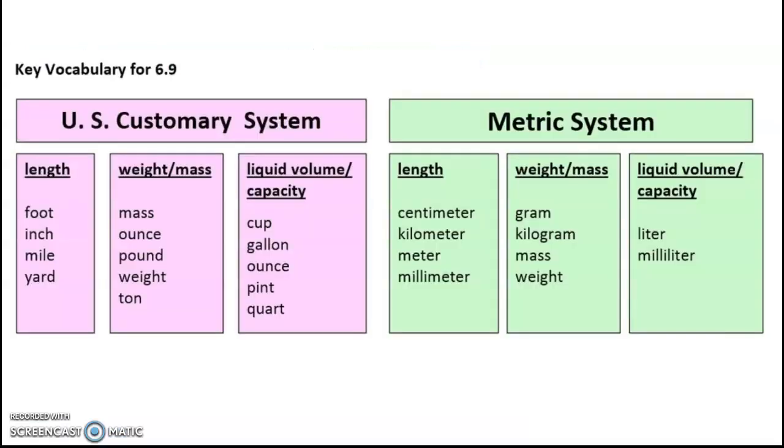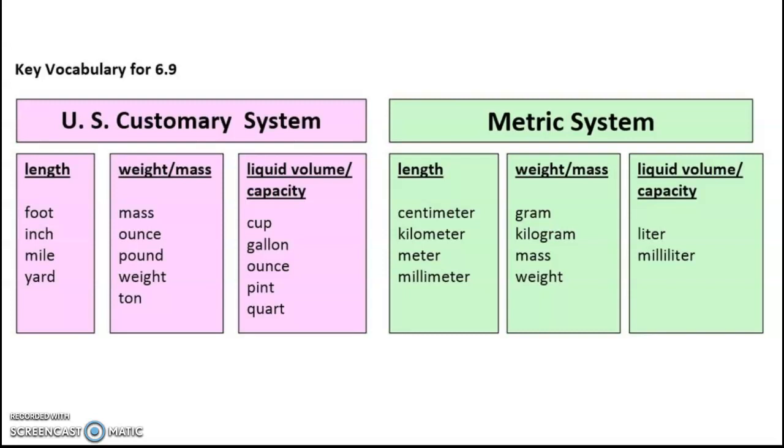The unit measurement system is broken into two systems, the U.S. customary system and the metric system. For example, for the U.S. customary system, the length units are feet, inches, miles, and yards. Meanwhile, for length in the metric system, it's centimeters, kilometers, meters, and millimeters.